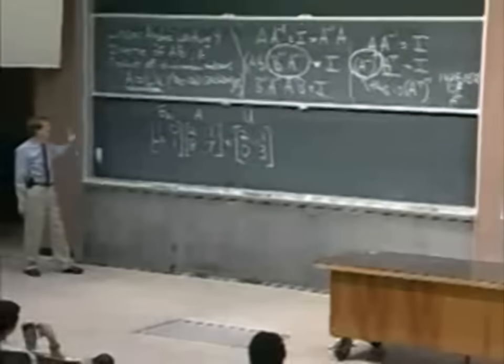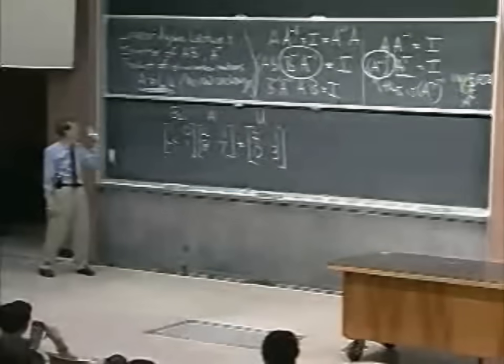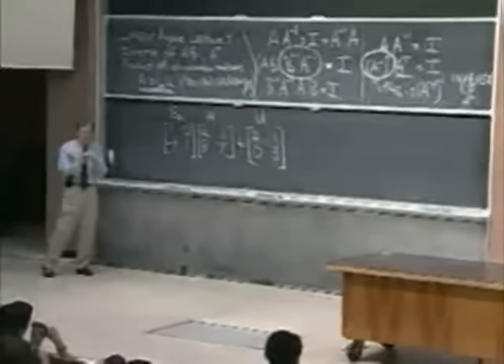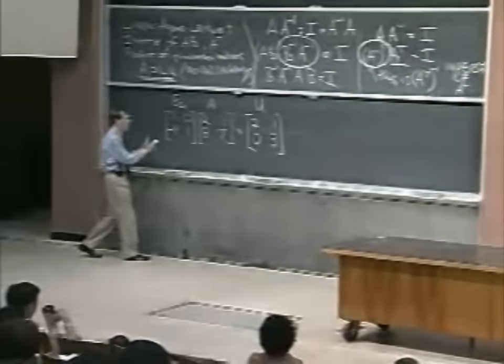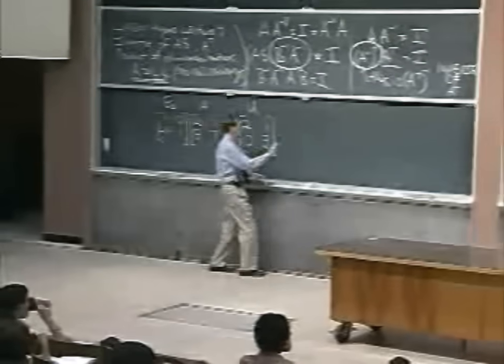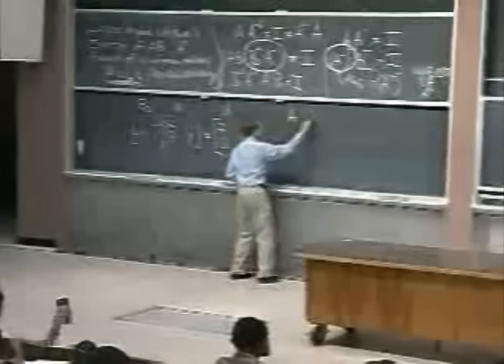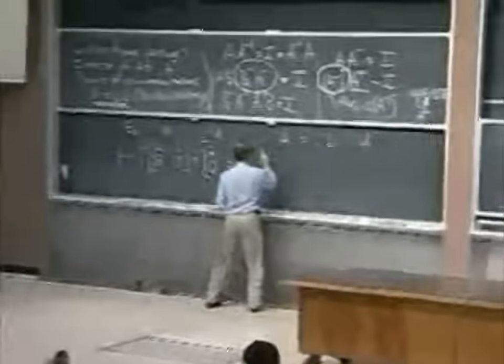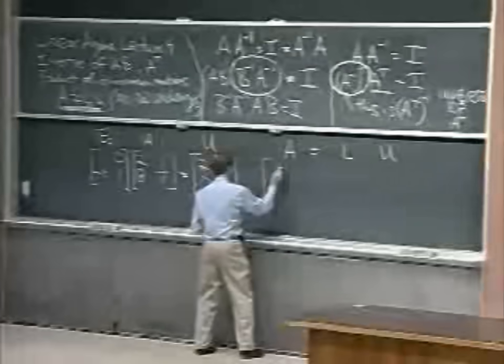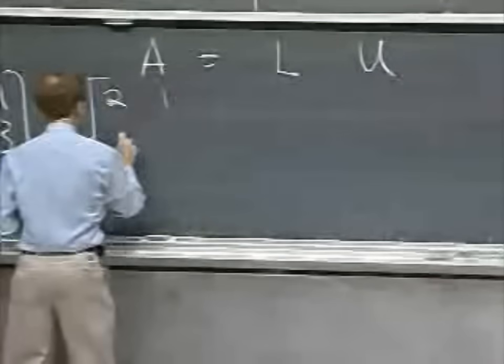Right. Good. So you see the difference between this and what I'm shooting for. I'm shooting for A on one side and the other matrices on the other side of the equation. So I can do that right away. Now here's going to be my A equal LU, and you won't have any trouble telling me what. A is still 2, 1, 8, 7.